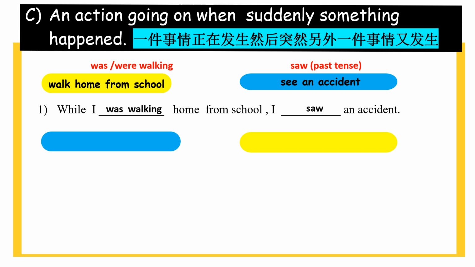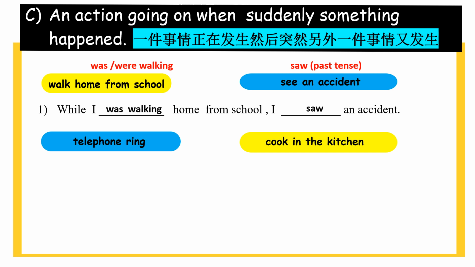We move on. One more example for you to differentiate between the action going on and the action which happened suddenly. Telephone ring. 电话响。Cook in the kitchen. See, telephone ring and then cook in the kitchen.